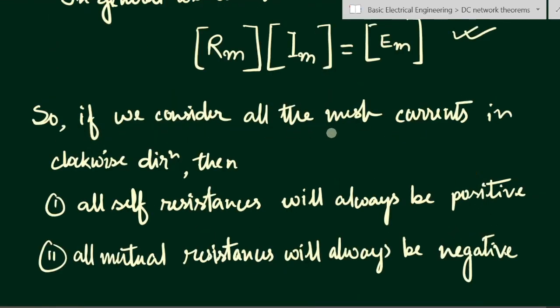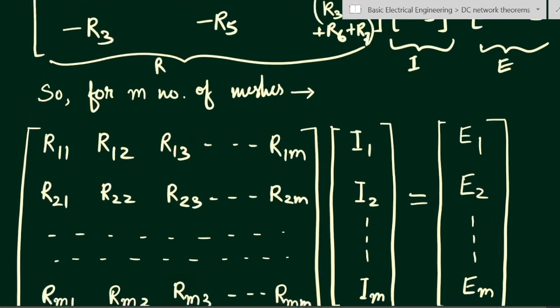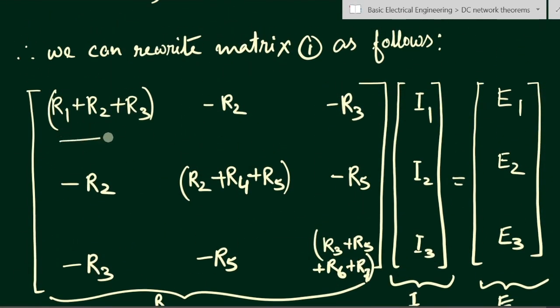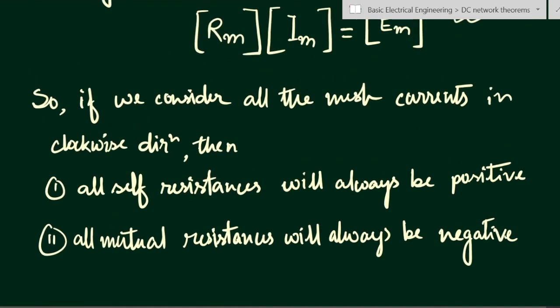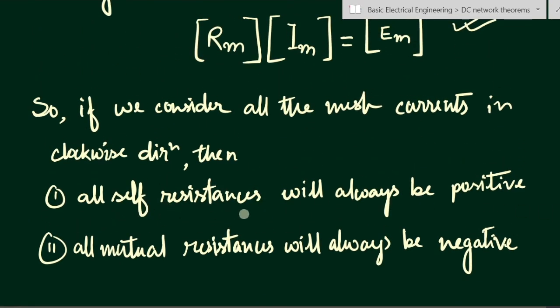If we consider all the mesh currents in the clockwise direction, then all the self resistances will always be positive. We have already seen all the self resistances. Here you can see this is the self resistance, this is the self resistance, this is the self resistance. These resistances will be positive. So this is the interpretation. All the self resistances will always be positive. All the mutual resistances will always be negative.